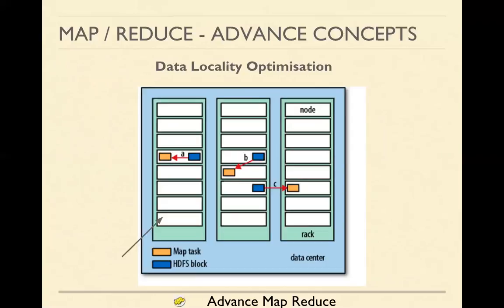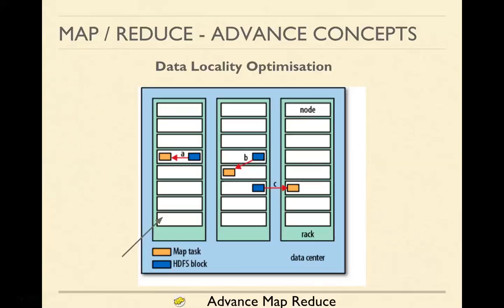All right, you see there's a data center which has 3 racks. What does rack mean? A rack is nothing but an almirah on which computers are kept. Every rack is a network in itself, and these racks are connected to a central router, and that's how the network is laid out. So imagine that there is a data center and there are racks. A is the best case scenario, whereby the data as well as the processing is happening on the same machine.